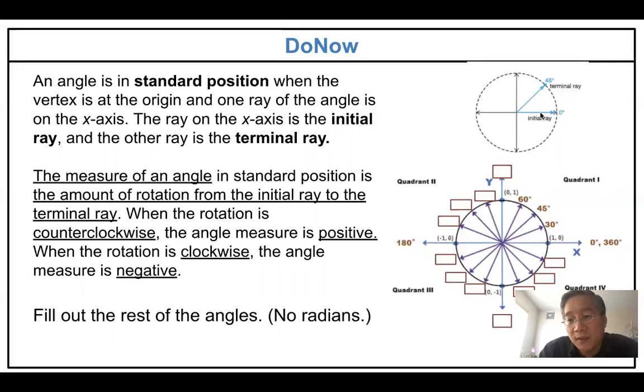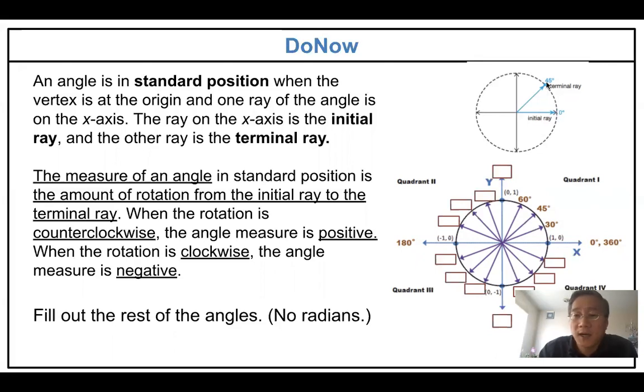If the terminal ray is in the same position, then we call it 0 degrees, and then the terminal ray moves around the circle, counterclockwise. Then it forms an angle with the initial ray. What if it goes this direction, clockwise?